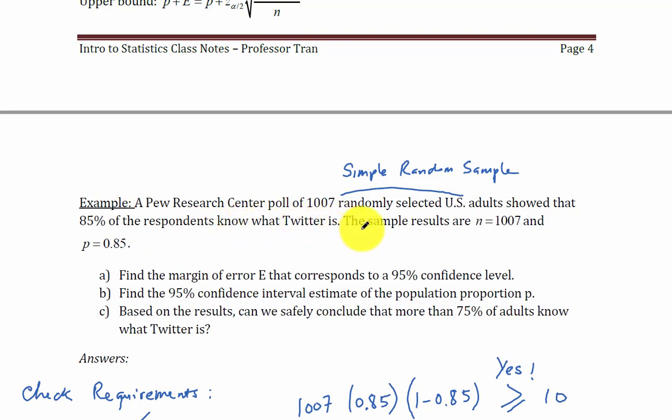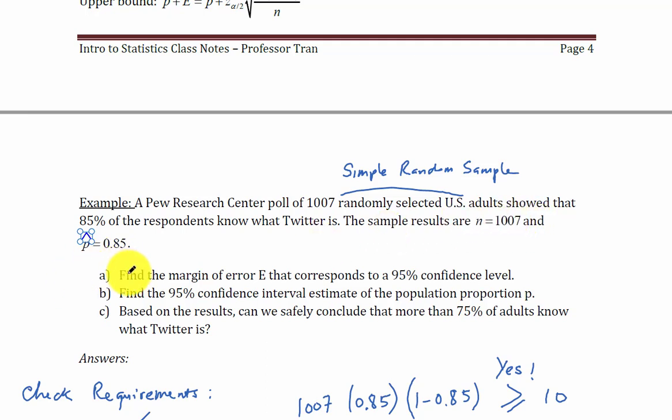The sample results are n, which is the sample size, 1,007 people that took the survey, and the point estimate in this case is 0.85, because that is 85% of the sample, right? It's getting the results from the sample of 1,007 people.